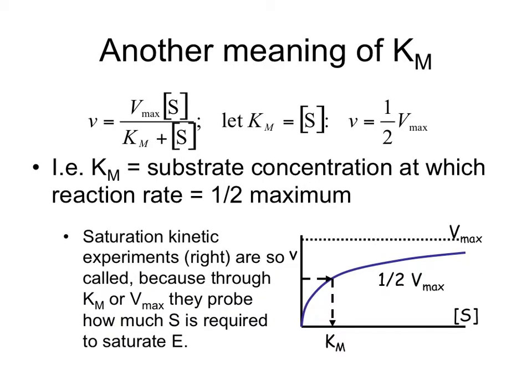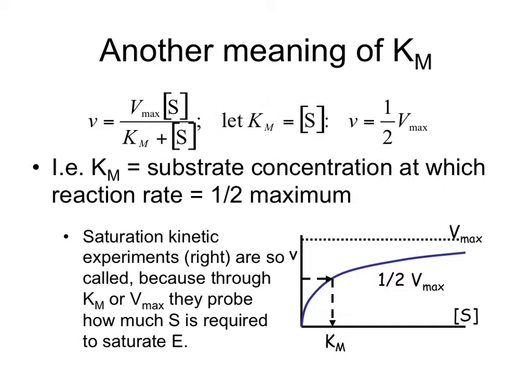As I had shown you before, in the case of a Michaelis-Menten plot, Km is the substrate concentration at half the Vmax. So as you note, here's the equation of your rates.